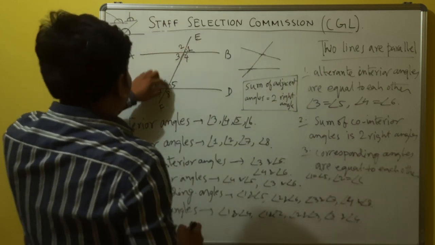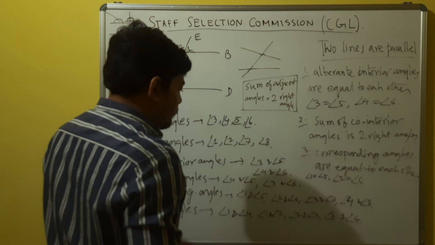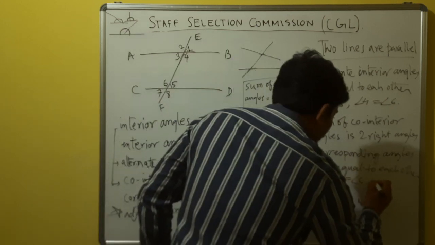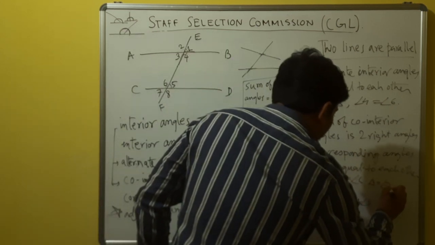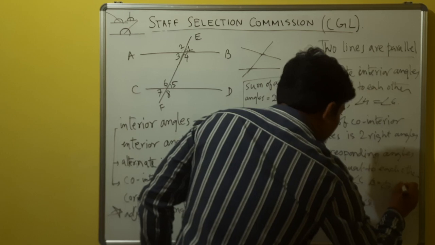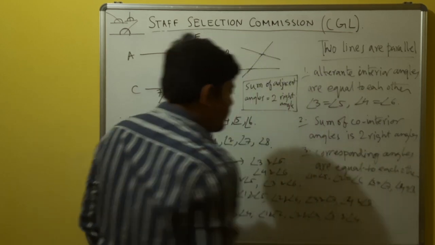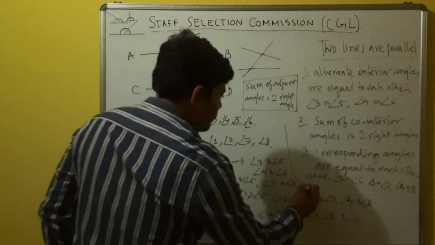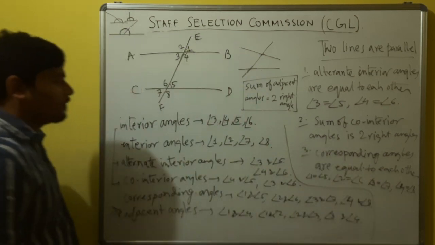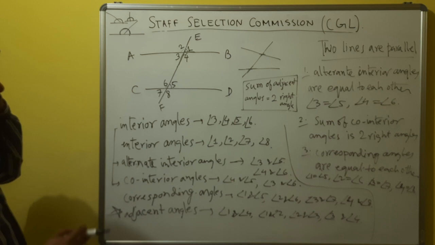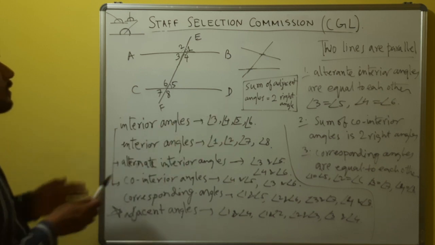We see 1 equals 5, looking exactly the same. 2 equals 6, 3 equals 7, 4 equals 8. So many relations we got out of this.